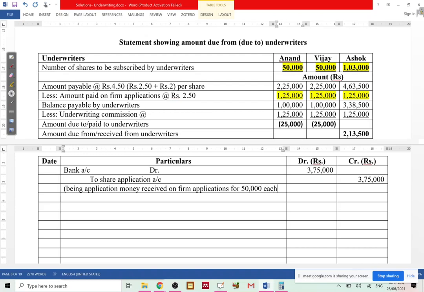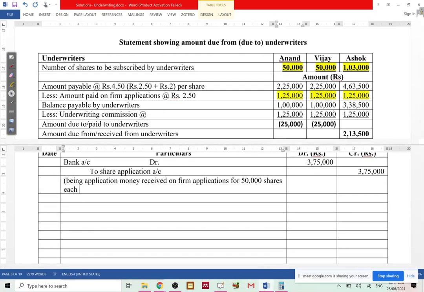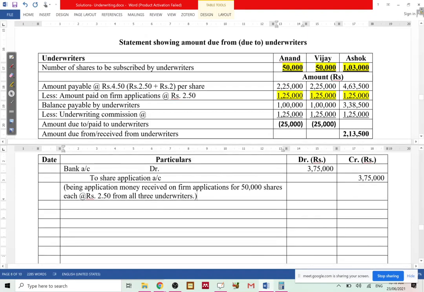Each one took 50,000 shares each, right? 50,000 shares each at the rate of rupees 2.5 from all three underwriters. It's up to you whether you want to write the name of each underwriter. You can just say from all three underwriters. So, all three of them said they want to take 50,000 shares each as firm underwriting, like compulsory, they will take it definitely, and they paid 2.5 rupees for each one of those, correct. So, total they paid is 3,75,000.